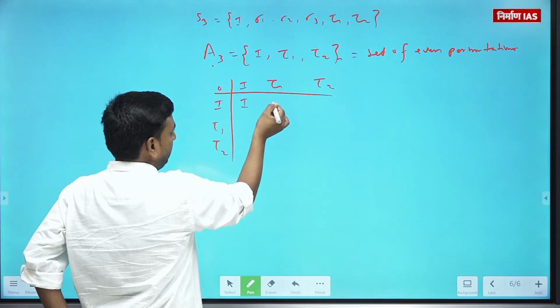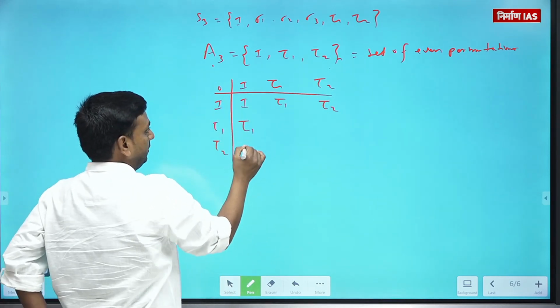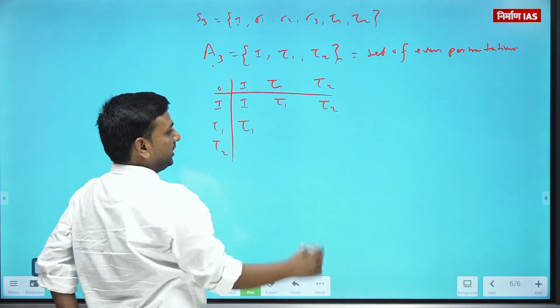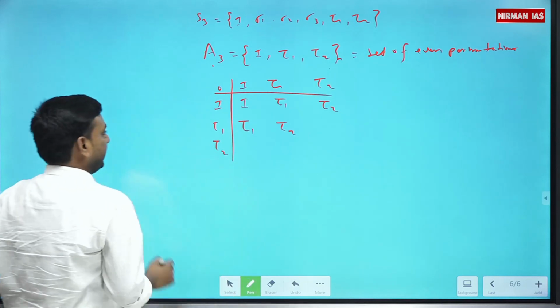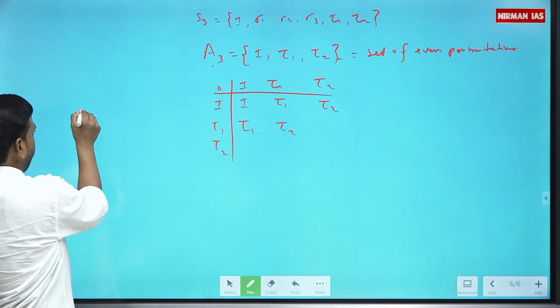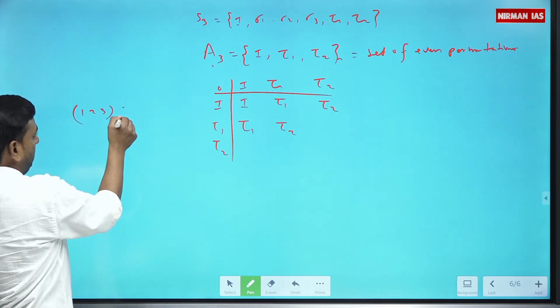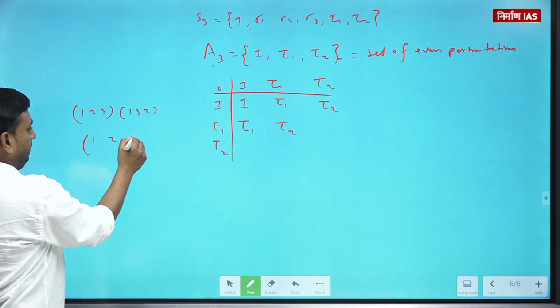So I composition I, I composition tau 1. What is tau 1 composition tau 1? You can check it out. 1, 2, 3 and 1, 3, 2. What will happen?